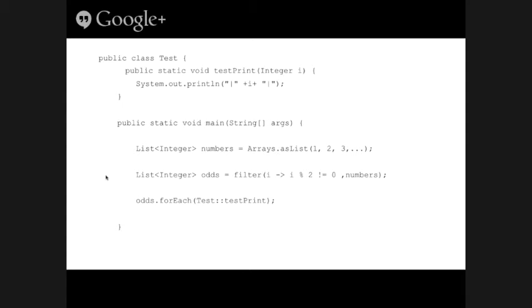In this case, you're defining the function, and this is a predicate, so it just needs to return a Boolean. You're defining it as I mod 2 doesn't equal 0. But you could define that elsewhere and just call a reference to it. So I could make that return a Boolean and then pass that through there.